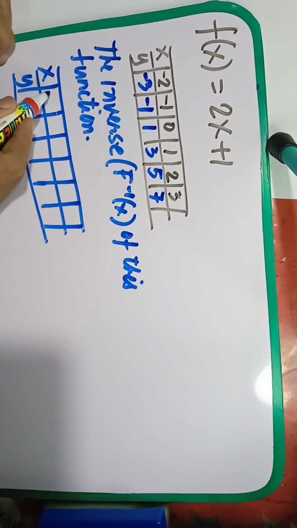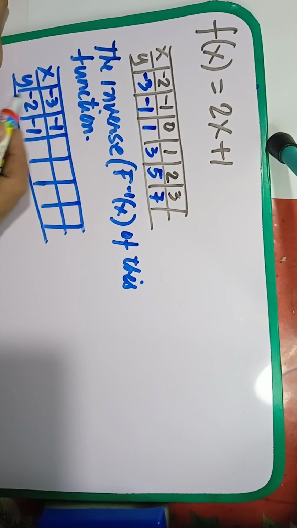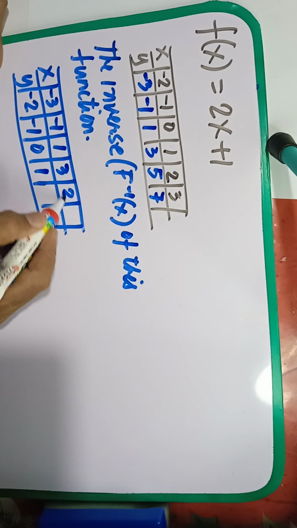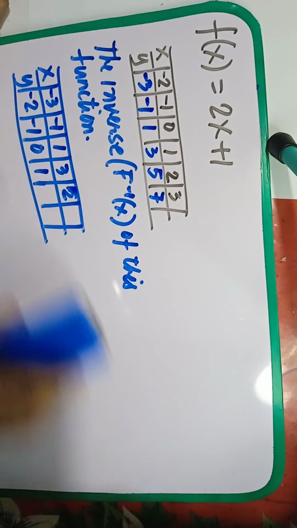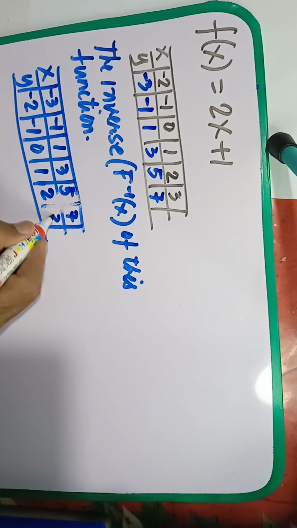So the inverse is x is -3, -2, -1, -1, 1, 0, 3, 1, 2, 5, 5, 2, and 7, 3.